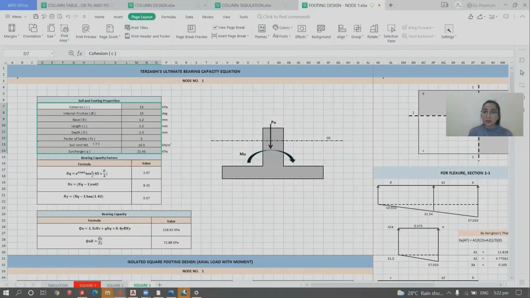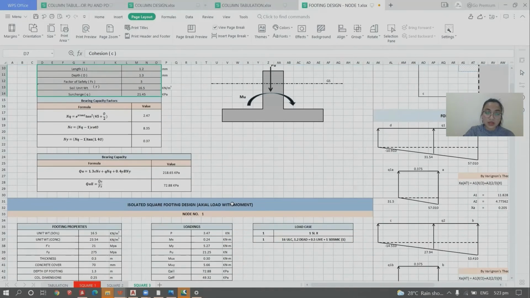Now, since we have the soil and footing property values, we can calculate the bearing capacity factors. We have NQ equals 2.47, NC equals 8.35, and NY 0.37. So to get the bearing capacity, we have QU equals 1.3 C NC plus Q NQ plus 0.4 B times NY, equals 218.65 kPa.